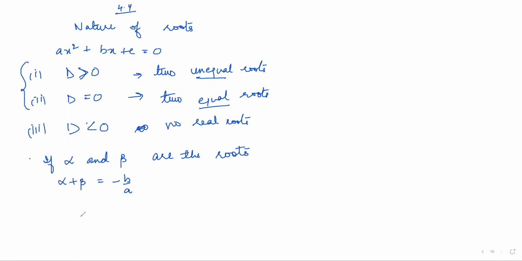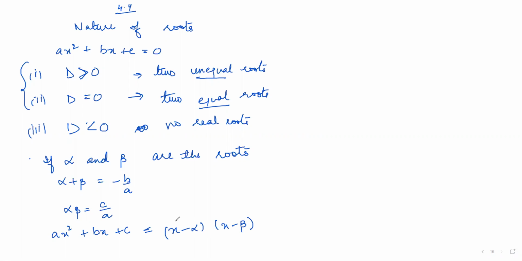You already know this. And the product of the roots is c by a. Yes? And one more thing, remember, if alpha and beta are the roots, your equation ax² + bx + c can be written as (x − alpha)(x − beta). Understood? They both are the same things.